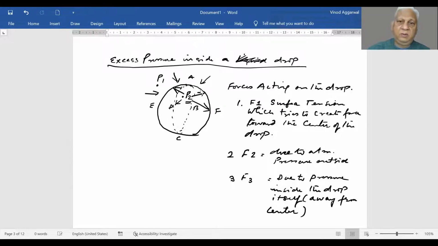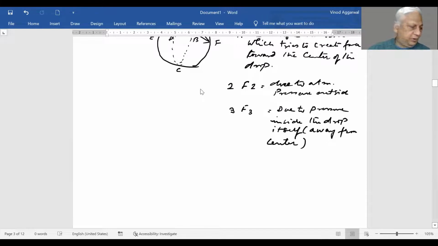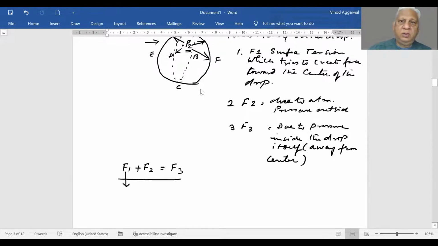Right? Okay. Now let's put an equation to it. We know F1 and F2 are working in the same direction, and F3 in the opposite. Since they are in equilibrium, the sum of these two forces will be the same as this one. And how much is F1? F1 is the force of surface tension.